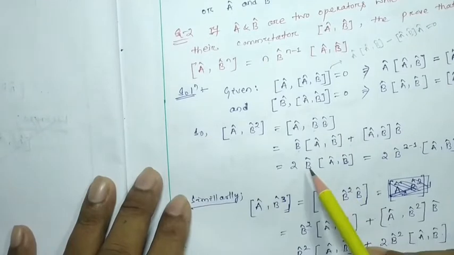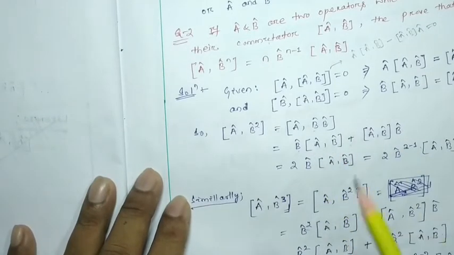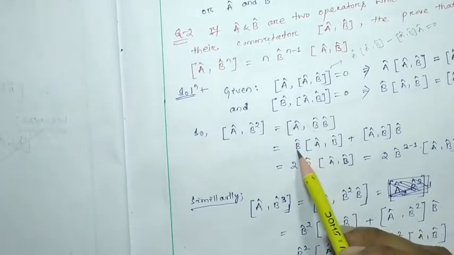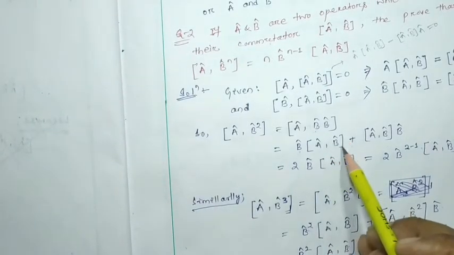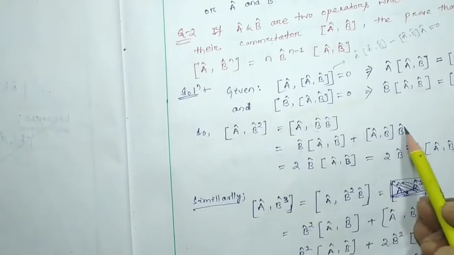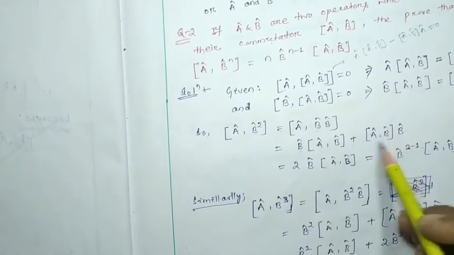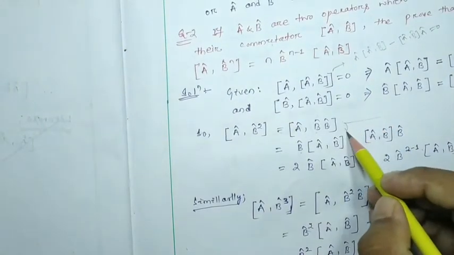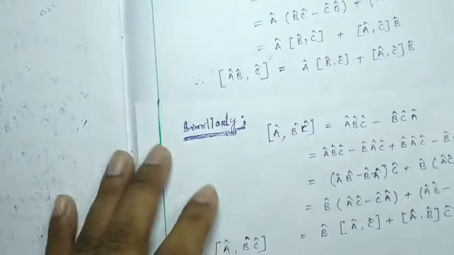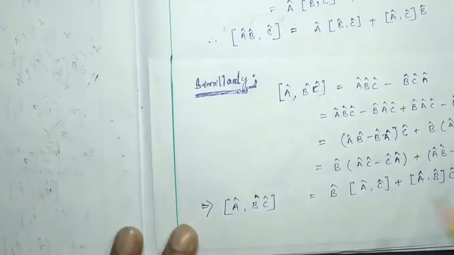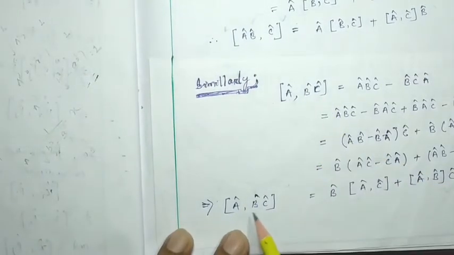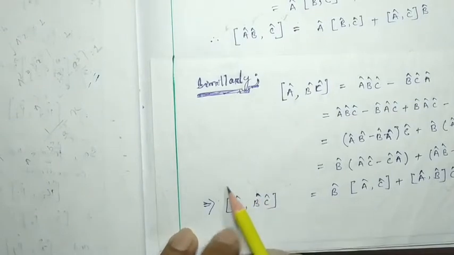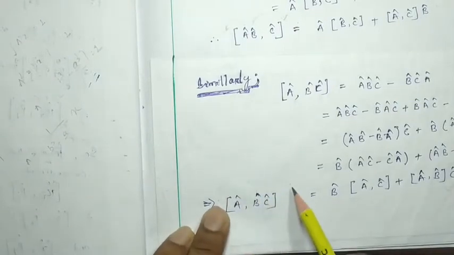Okay, so here it can be written as [B cap, A cap B cap] commutation plus [A cap, B cap] commutation into B cap. This came from this algebra. Here we found that, suppose B cap, C cap, B cap will go this side and C cap will go this side.